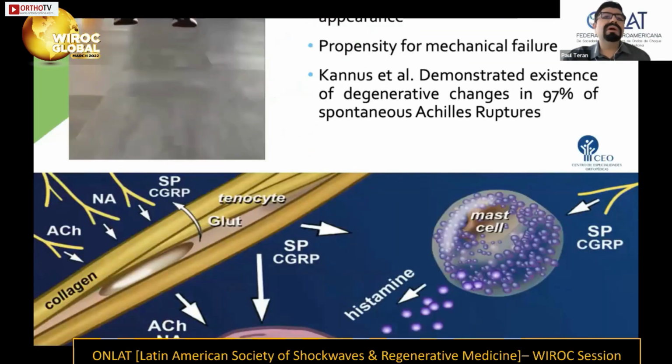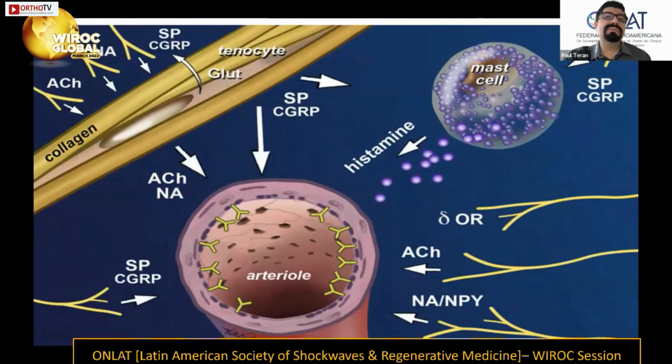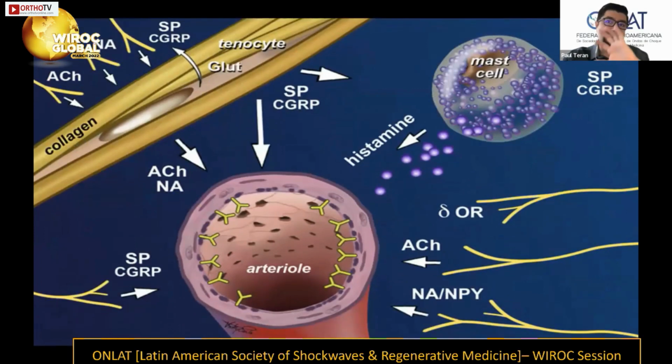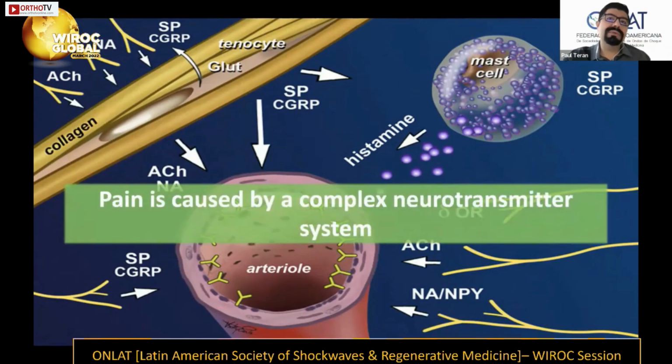But we must not forget that the pain in tendinopathies in general is caused by a complex system of altered neurotransmitters, even at the level of the central nervous system, like an increase of glutamate, substance P, histamine and noradrenaline.